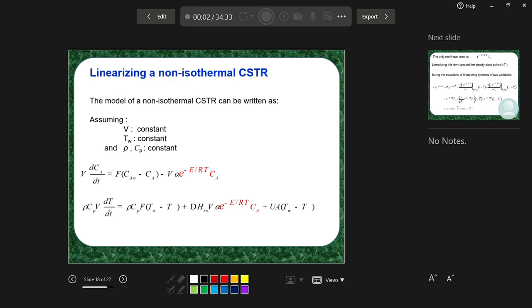Now, the nonlinear model for the CSTR can be constructed by first putting the assumptions. We have a constant volume, a constant wall temperature, and constant properties.